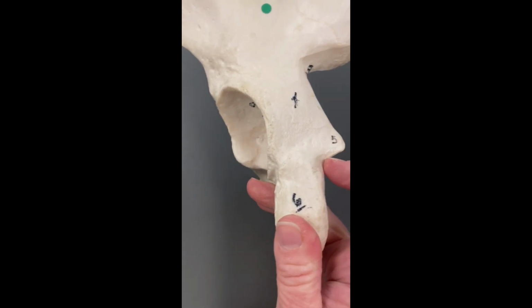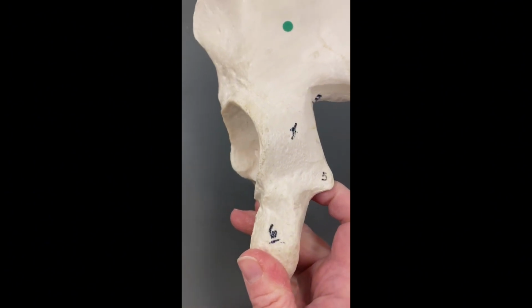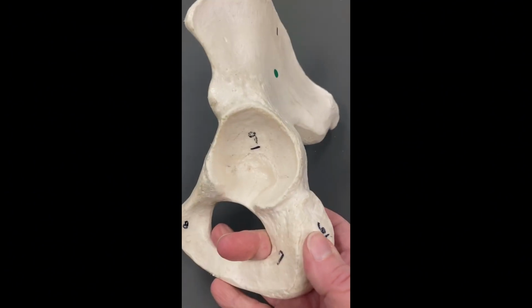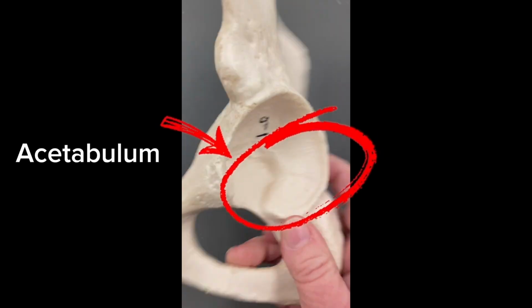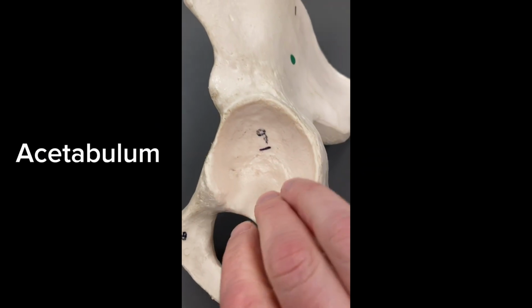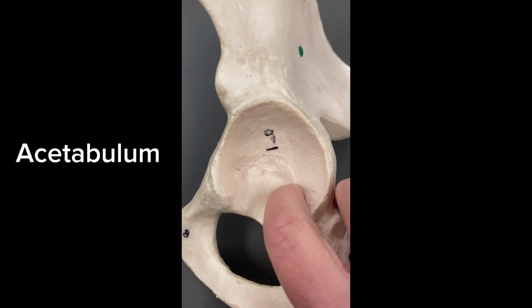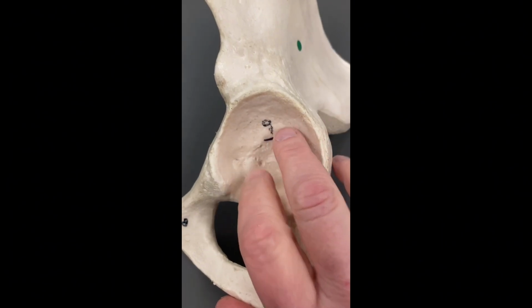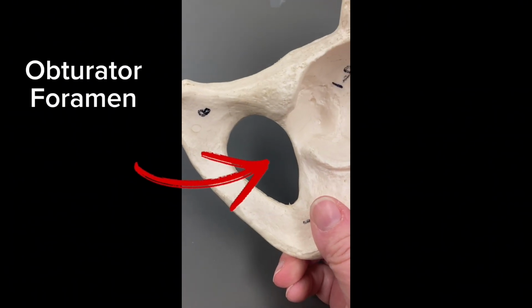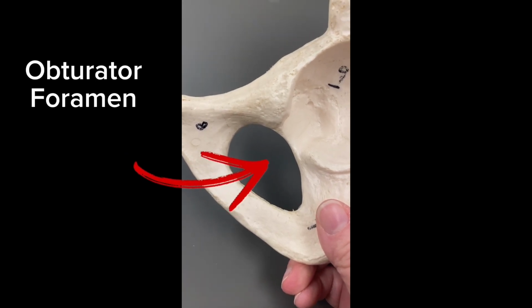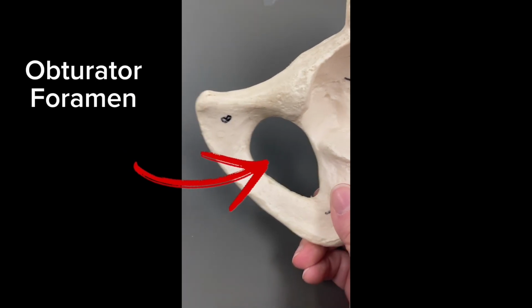Some other structures are shared between the ilium and the ischium. Here we have this large indentation. This is where the head of the femur would fit in. This is the acetabulum. So the head of the femur would articulate here, and then this large hole here is the obturator foramen, where some major blood vessels and nerves would go through.